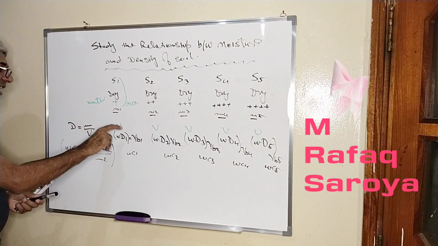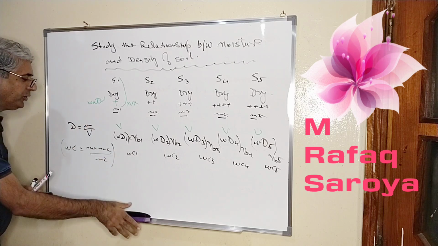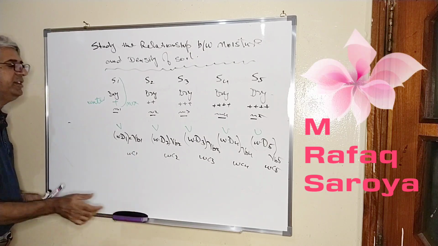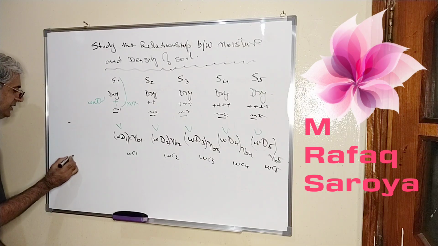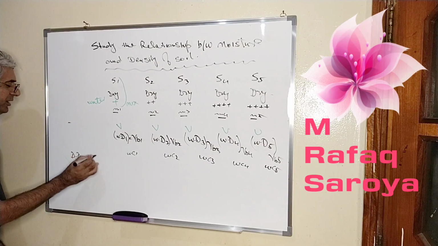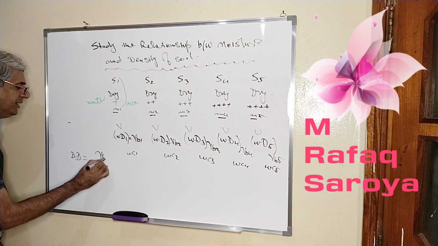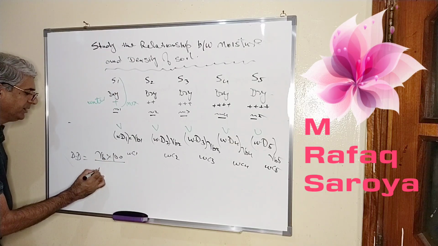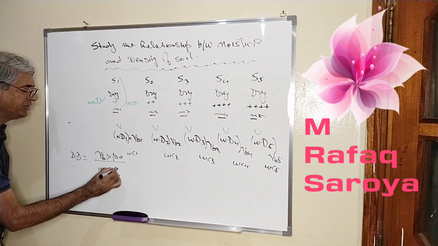Next, density is known to us. Water content is known to us. Next, we can find out the dry density of this soil. This dry density, as I gave you this formula yesterday, is gamma B into 100 divided by 100 plus moisture content.